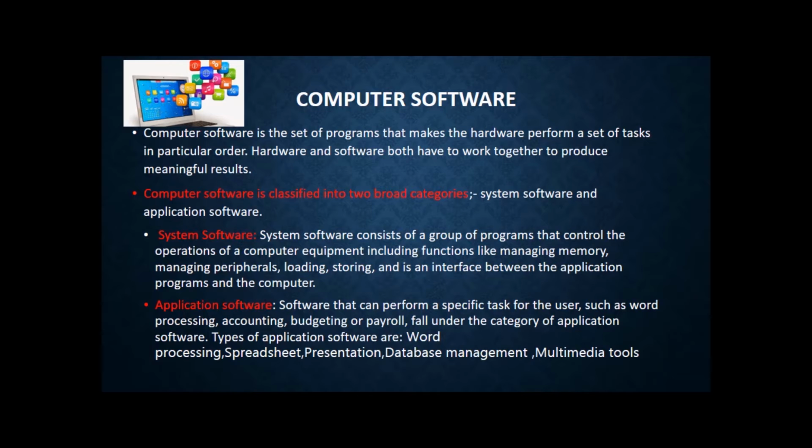Now, the major difference between system software and application software is that system software maintains the computer resources and also provides a path for application software to run. Application software enables a user to perform specific tasks.